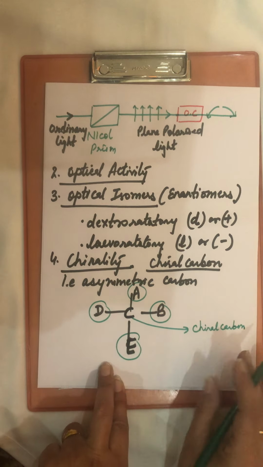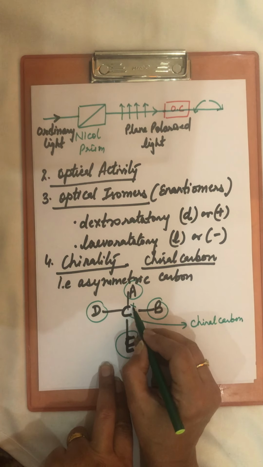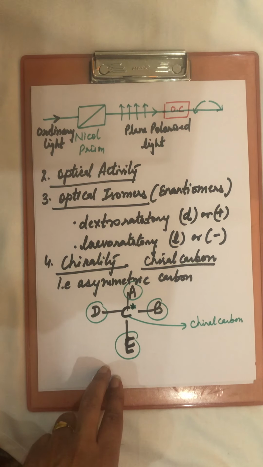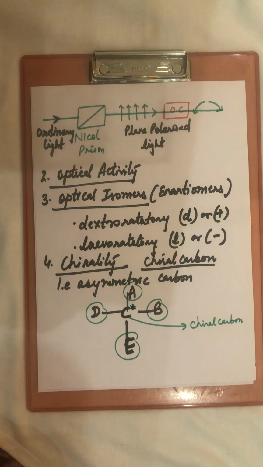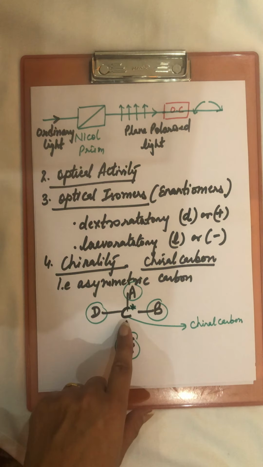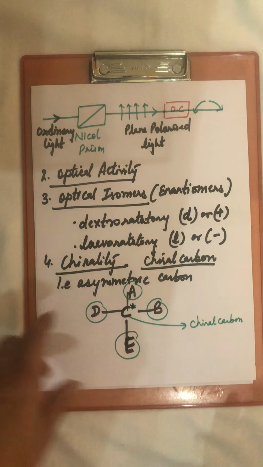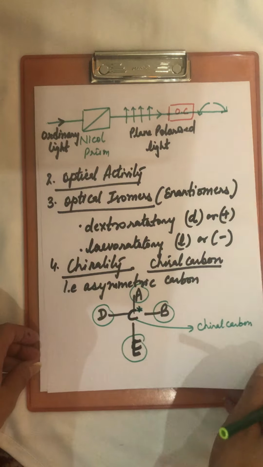Normally this chiral carbon is marked with a star, to show that this carbon is chiral carbon. So this compound with chiral carbon will show optical isomerism. So next we have a term, racemic mixture.